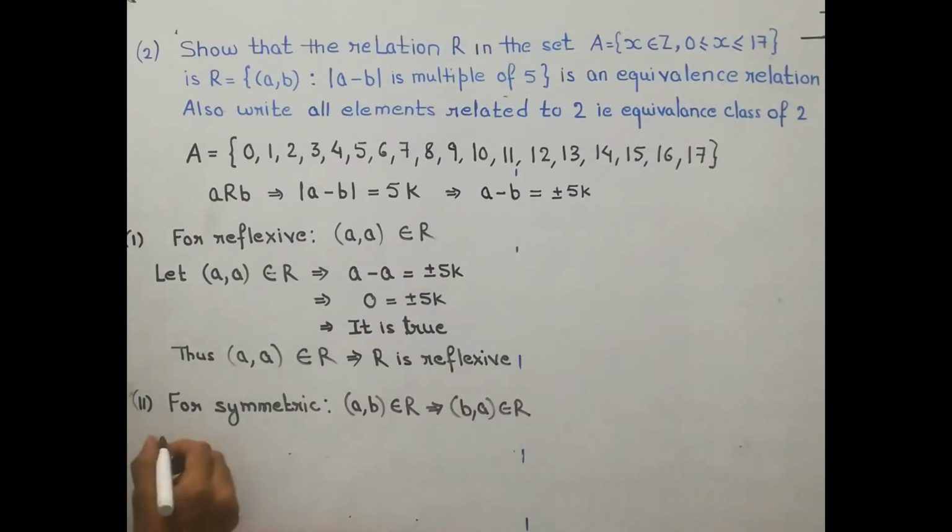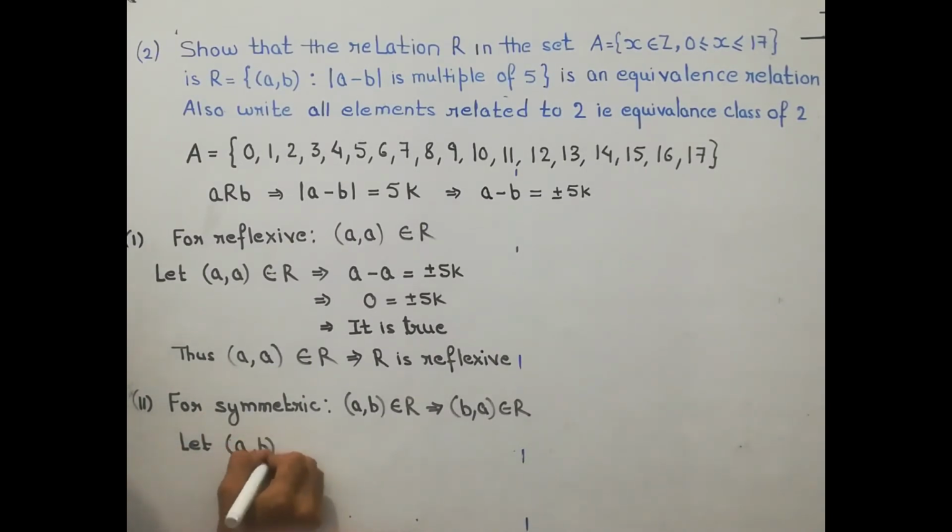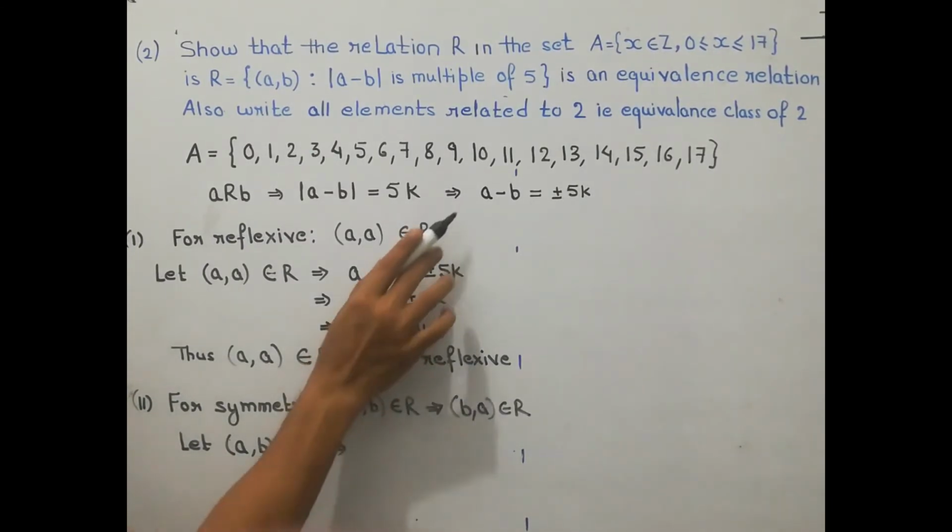So here let (a, b) belong to R. Now if (a, b) belongs to R, then this will be the relation.